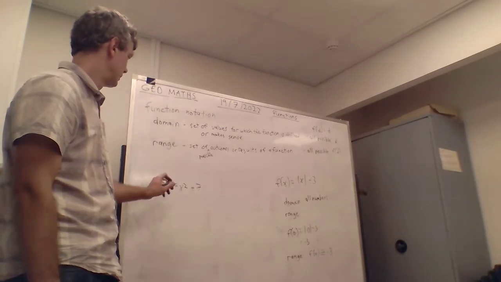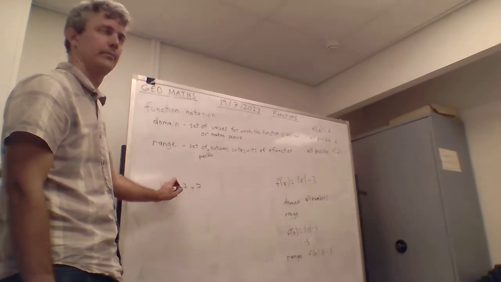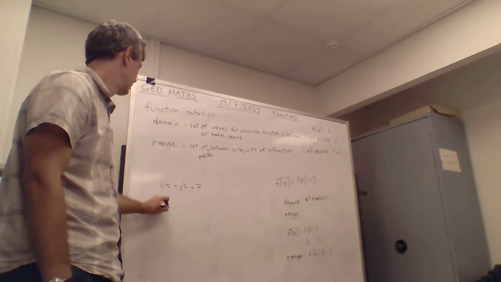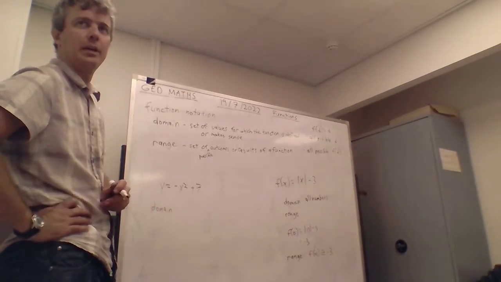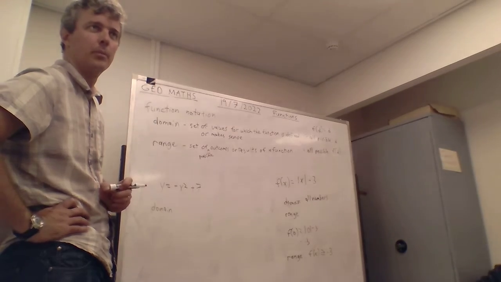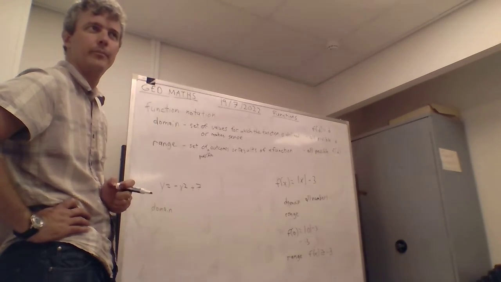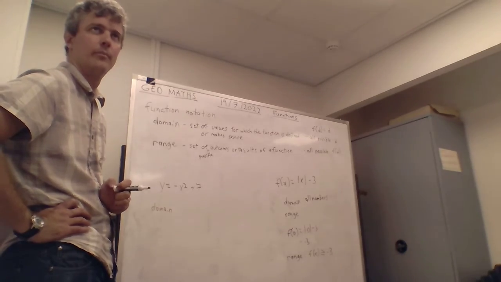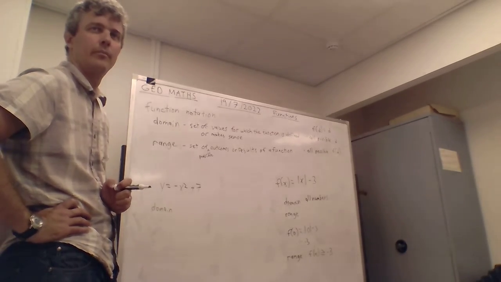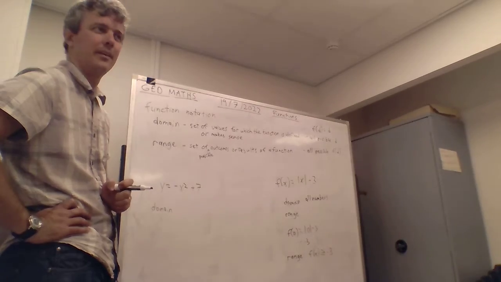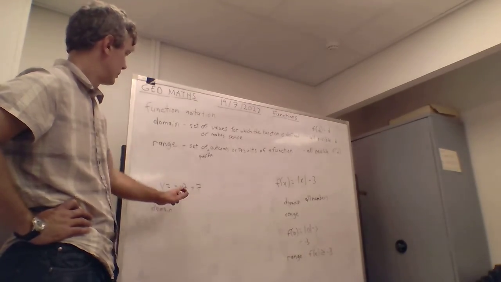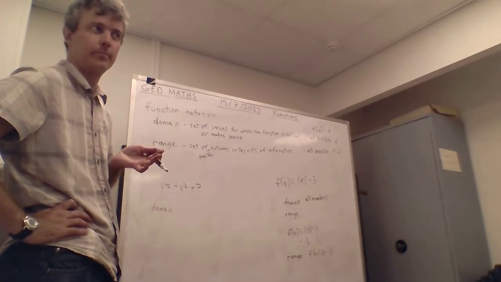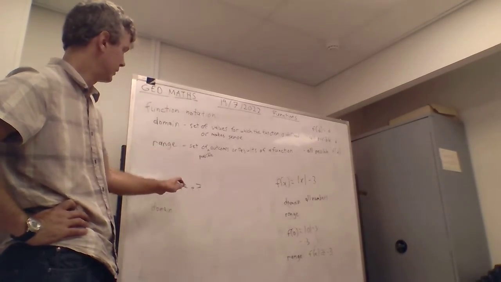Domain is what can x be. Are there any numbers that's a problem? Are there any numbers x cannot be? If x is 0, y is 7.